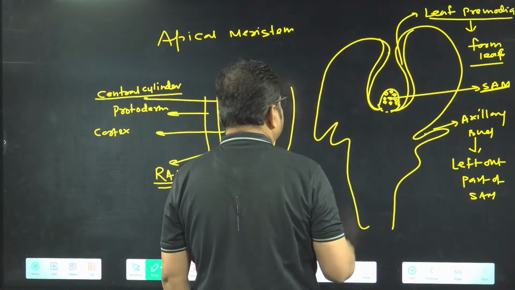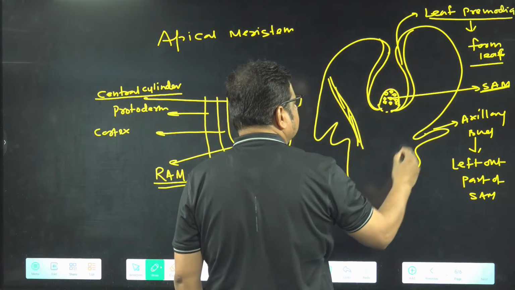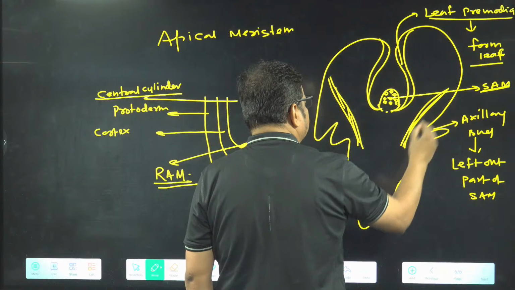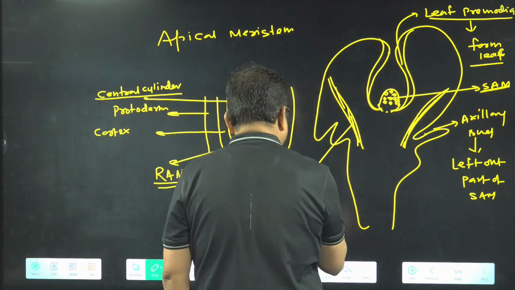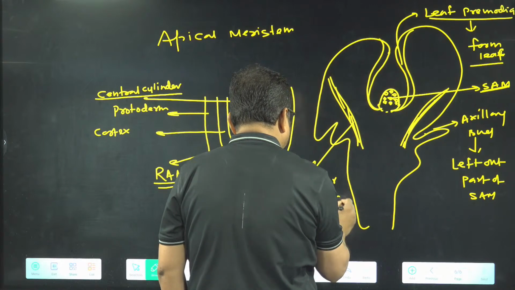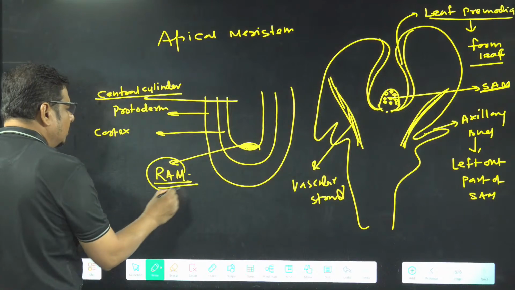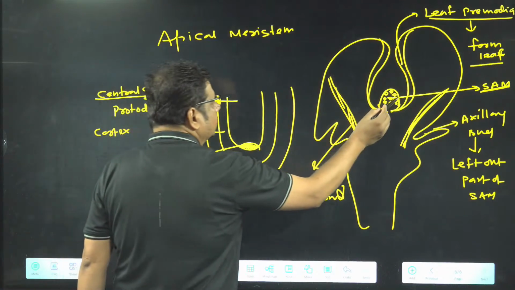Getting the things or not? What diagram is shown in the NCERT like that is what basically? Vascular strand. So these are about the location of the RAM. These are about the location of the SAM.